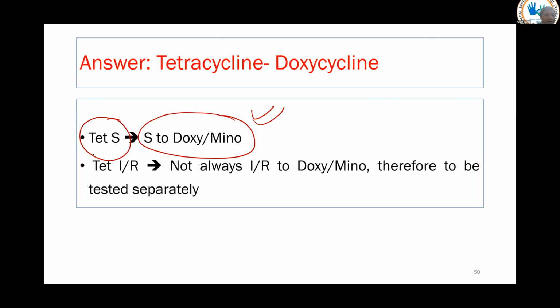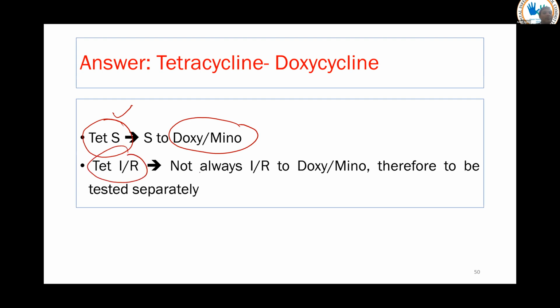If tetracycline is reported as intermediate or resistant, then you cannot assume the same result for doxy or mino. You have to test doxy or mino separately. That is why they are not equivalent agents or surrogate markers: a sensitive report for tetracycline can be extrapolated, but resistant or intermediate reports cannot.